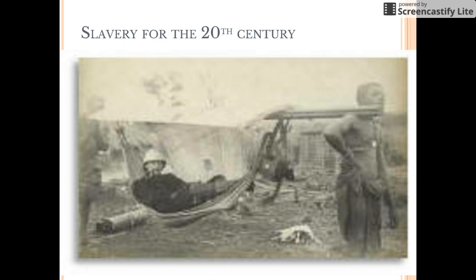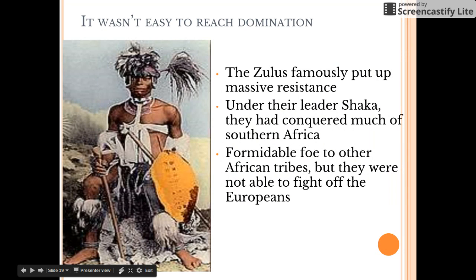But I alluded to this earlier on. One of the things that started to become evident was that some of the people traveling to Africa were essentially going to the slaves as opposed to bringing slaves to them. Now, it wasn't easy to reach domination. There was tribal resistance. The most famous of those tribes were the Zulus, with their fabled leader Shaka.